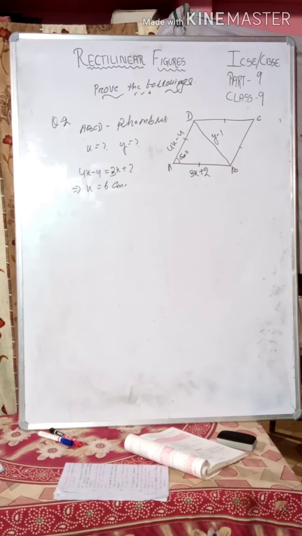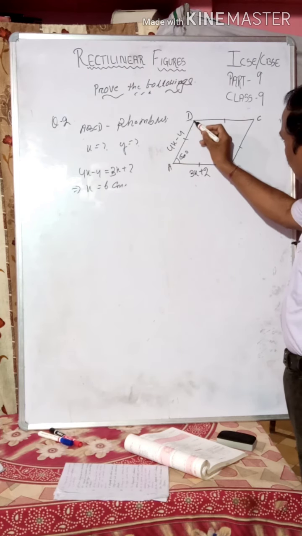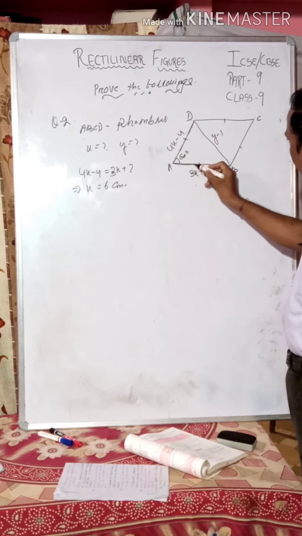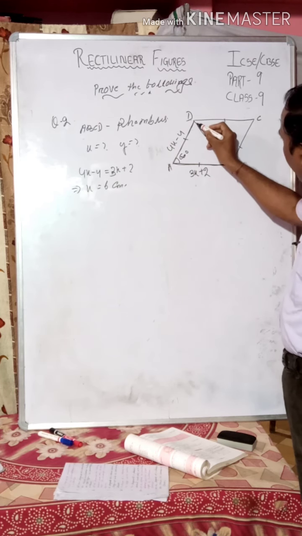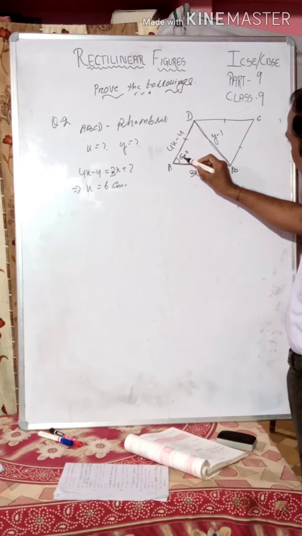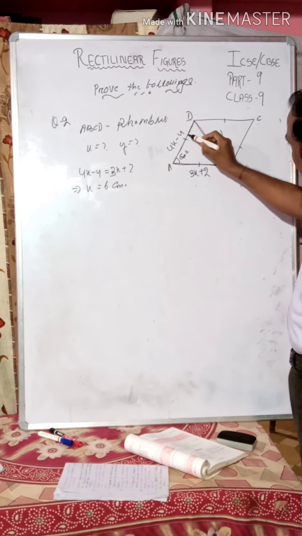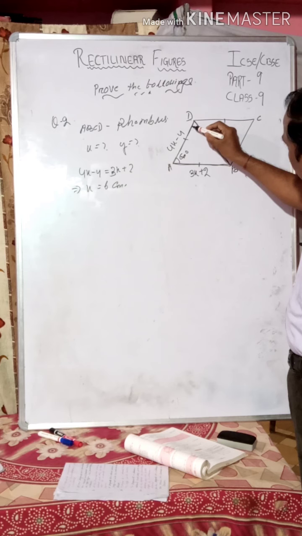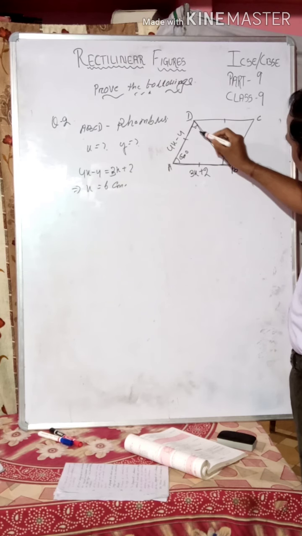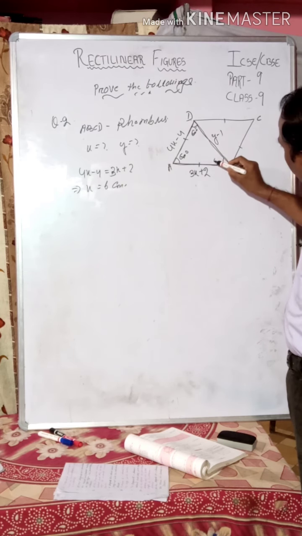First step over. Then second step, what is the value of y? Look, this is a rhombus, and ABD is a triangle. In triangle ABD, this is 60 degree. As this side is equal to this side, this angle is equal to this angle, so it will be 60 degree and it will be 60 degree.